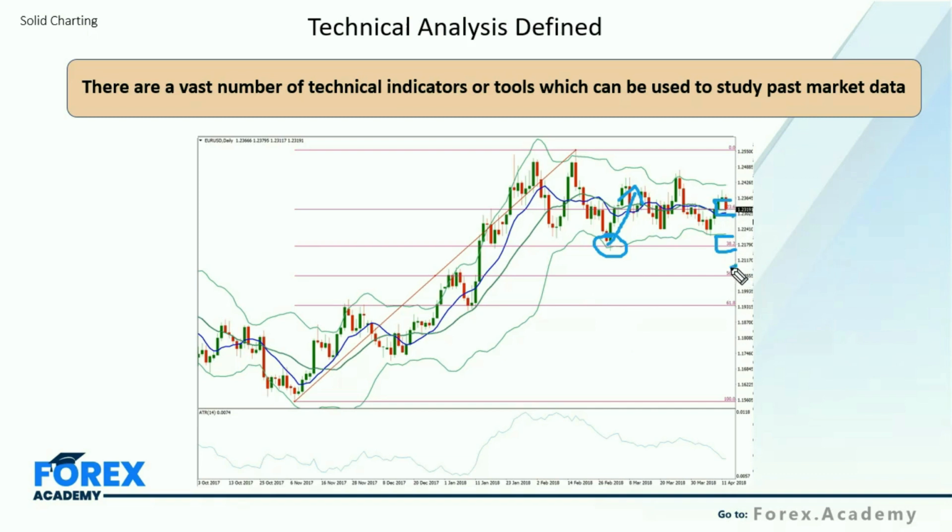Again, each of these indicators needs to be used in a very specific way. A considerable amount of understanding is needed, and we do cover these in a lot of our other courses on demand. But it gives you a very brief and basic overview of how traders can utilize these indicators to study what's gone on in the past, and that can really inform the decisions they're about to make about price action.